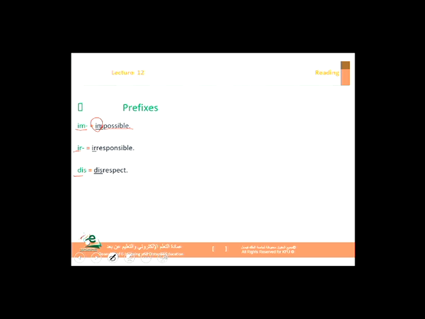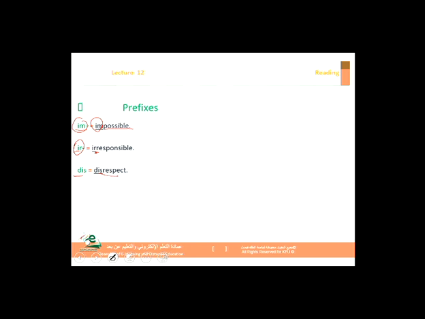We don't say inpossible, for example. That doesn't really sound like English. So impossible. This is the prefix that goes with the word possible. If it starts with an R, like responsible, we choose ir, so irresponsible.